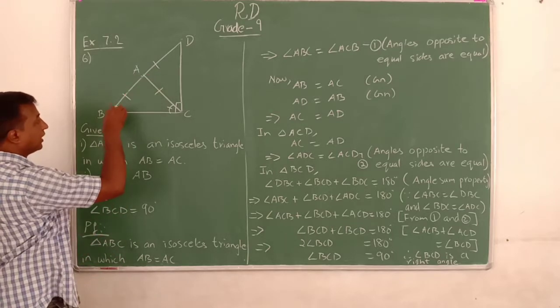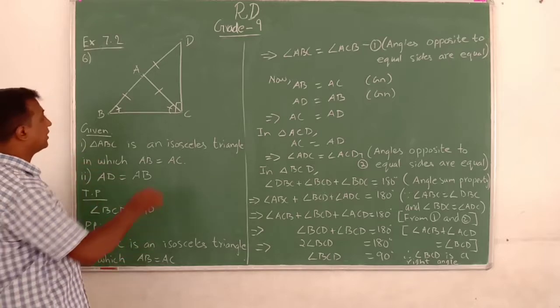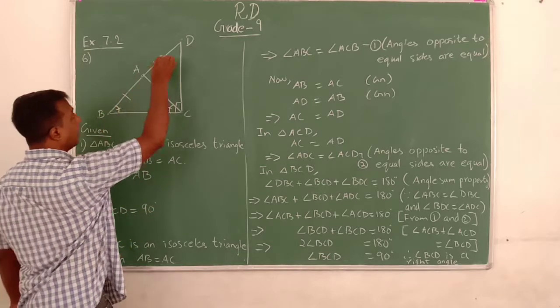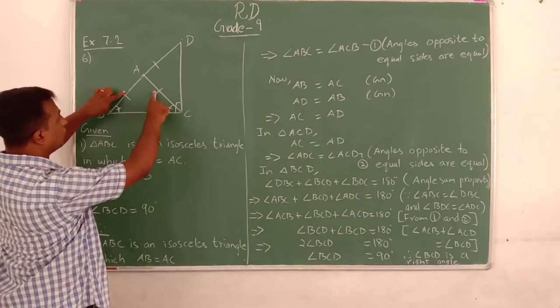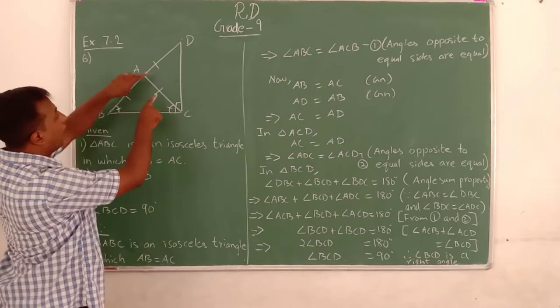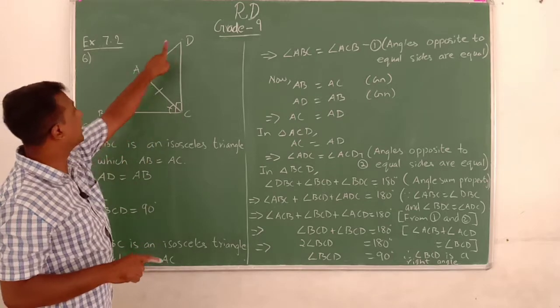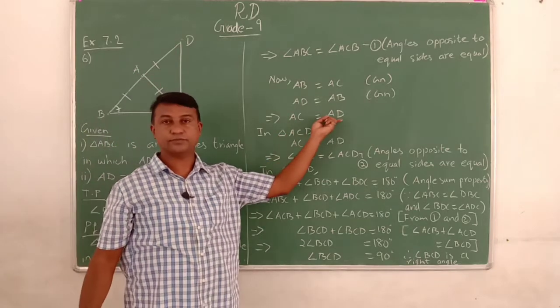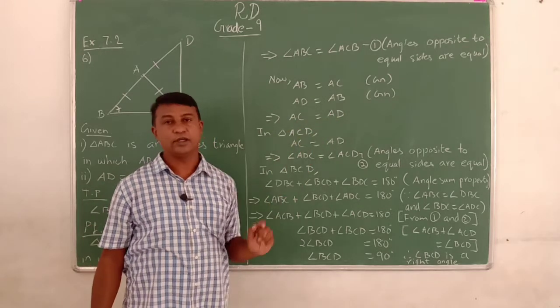Why? Because AB and AC were equal, and one more condition they gave that AB and AD are equal. Since these two are equal and these two are equal, I can conclude that AC and AD will be equal. From the given information we conclude AC equal to AD.